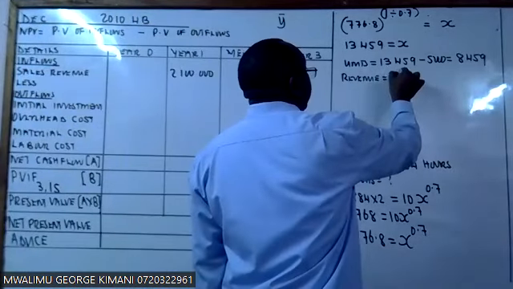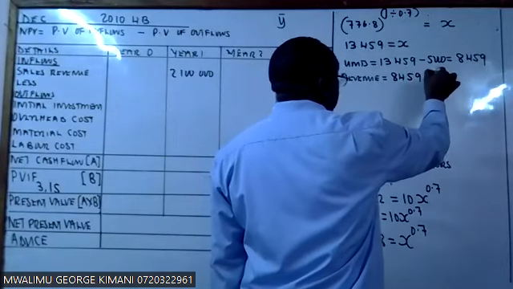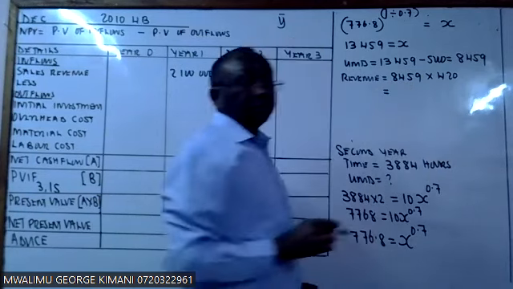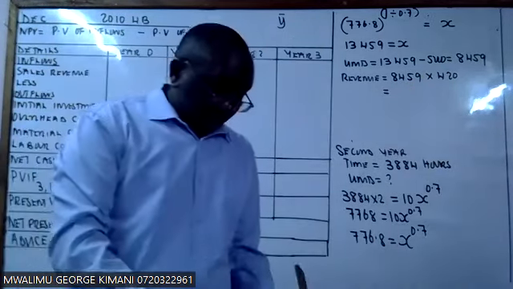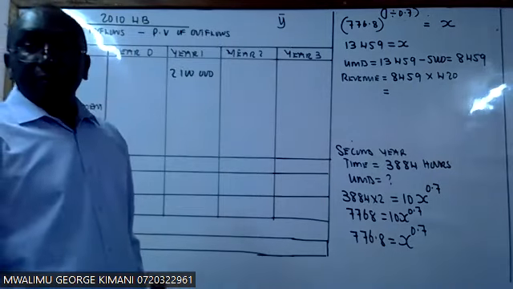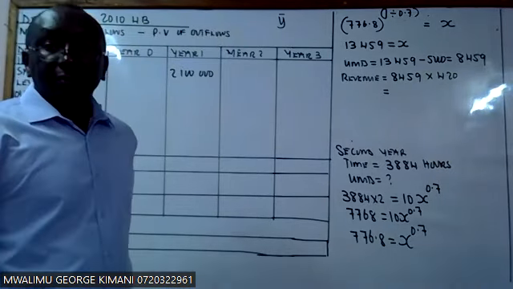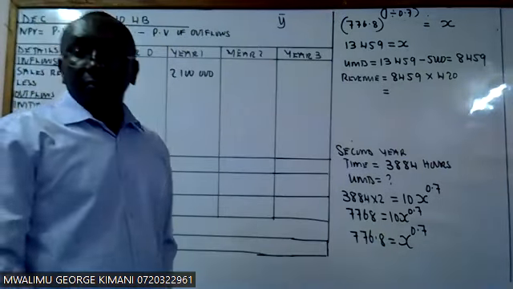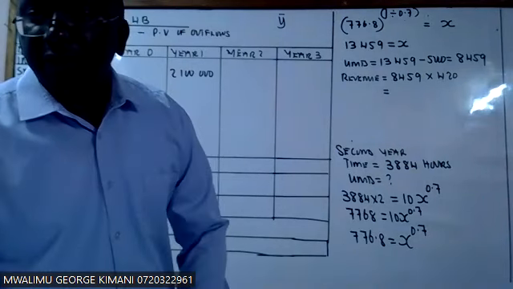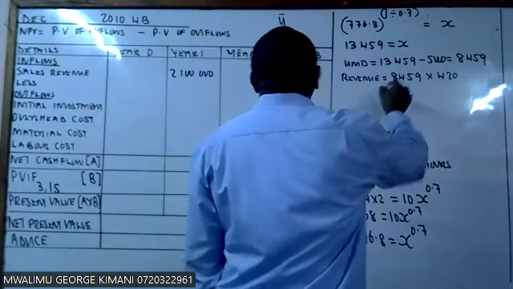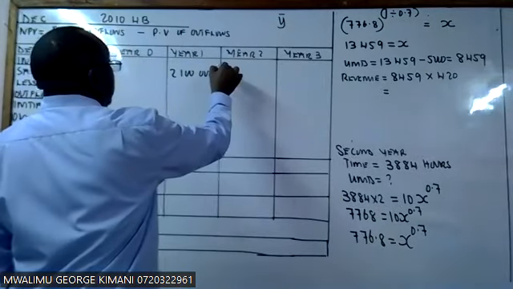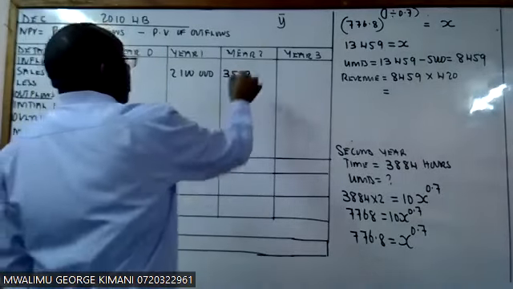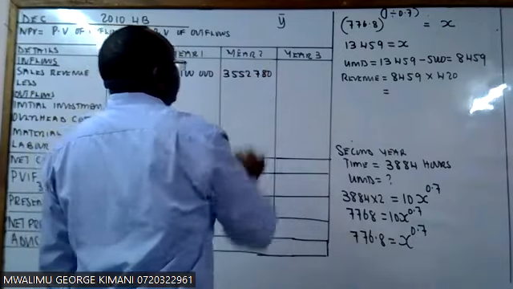It will be 8,459 multiplied by 420, which is $3,552,780. So that is the one I'll bring here.